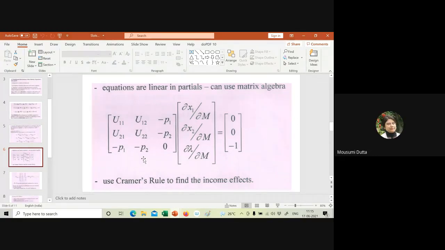It is not the bordered Hessian determinant, but the matrix from which the bordered Hessian determinant comes. So it is the bordered Hessian matrix. Please write down the equations in this format, and then solve for del x1 by del m and del x2 by del m.